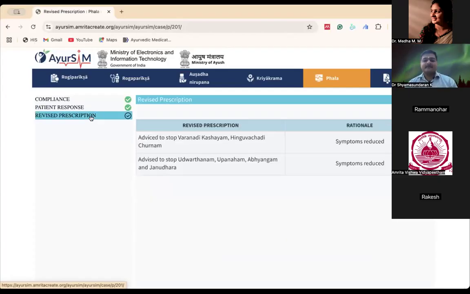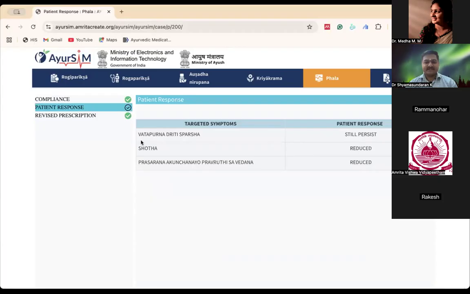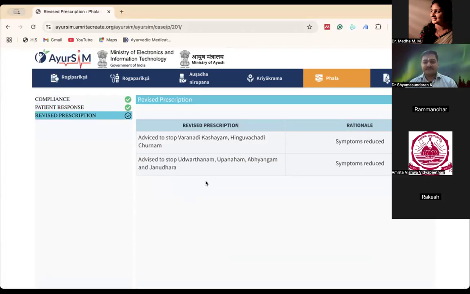Then, as you have to concentrate on this particular, which is Vata Purna Dhriti Sparsha, your modification would be like this. So advice to stop Varanadi Kashayam and Ingvachadi Churna. Advice to stop Udvartanam, Upanaham, Abhyanga. So it is based on the inputs that you get. And that is what is there in the Phala module.